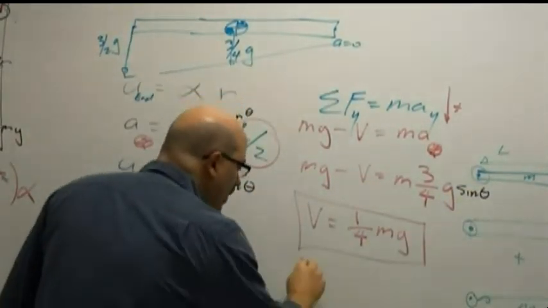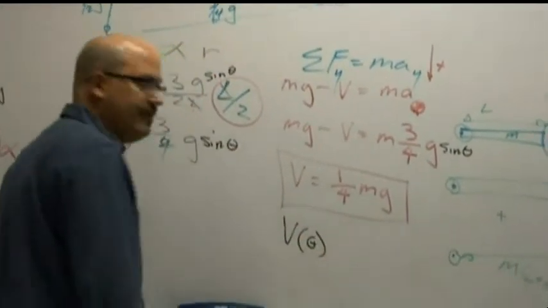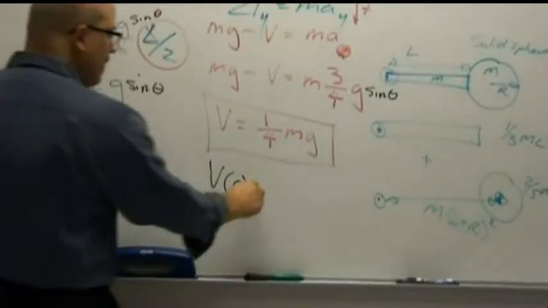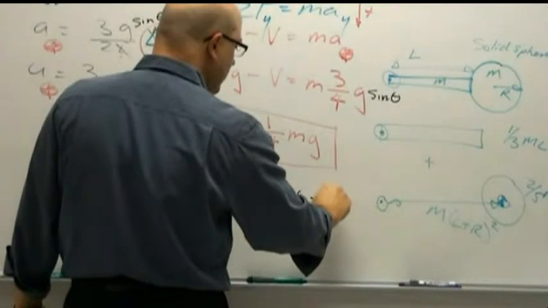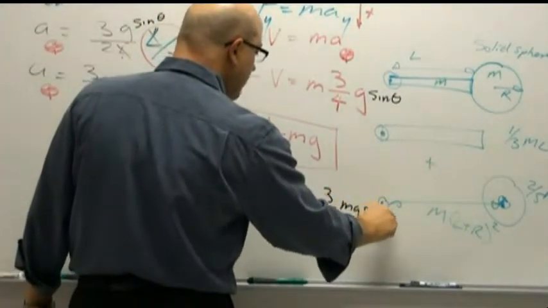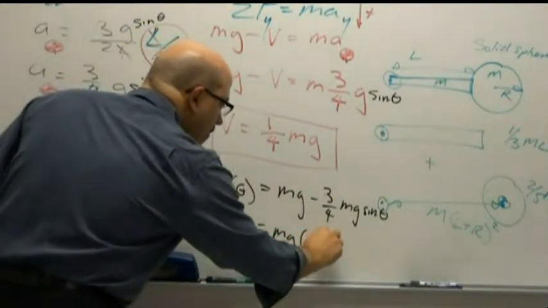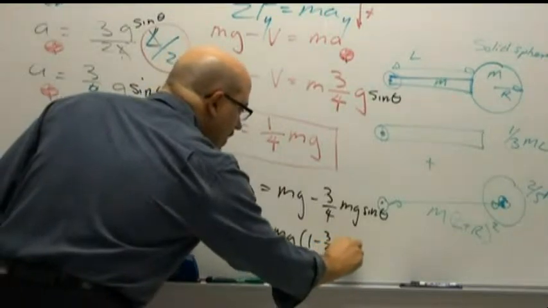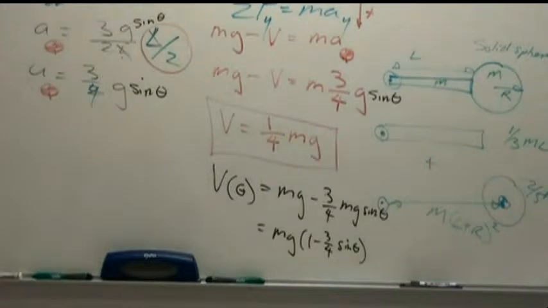So our vertical force as a function of theta becomes mg minus 3/4 mg sine theta, or mg times 1 minus 3/4 sine theta. Does that look right? Okay, so our vertical force varies.